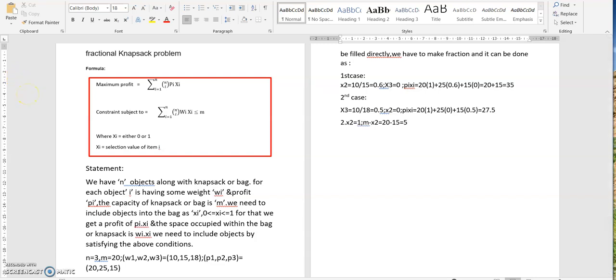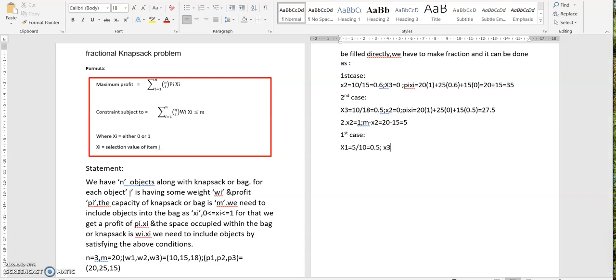First, we need to take x1 as a fraction, that x1 equal to free space, which is 5, by x1's weight. x1's weight is 10, equal to 0.5.